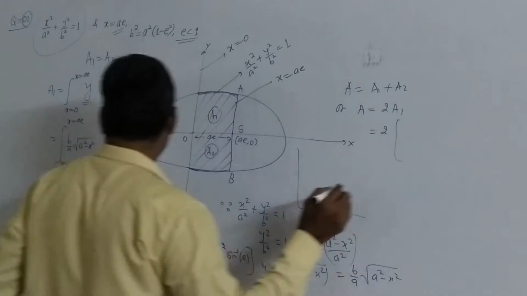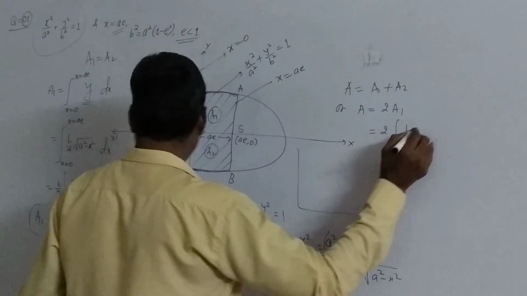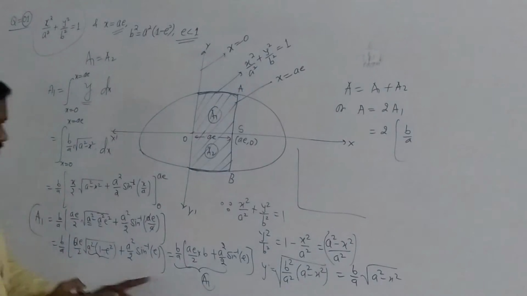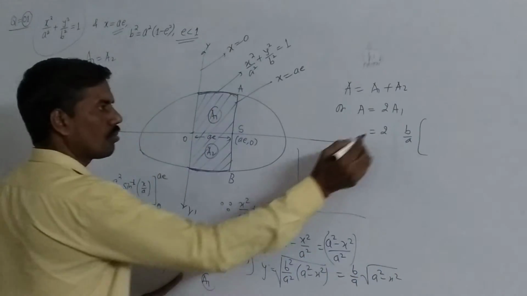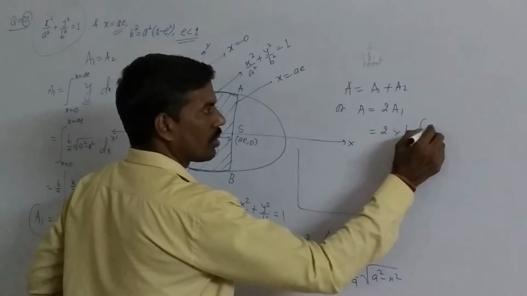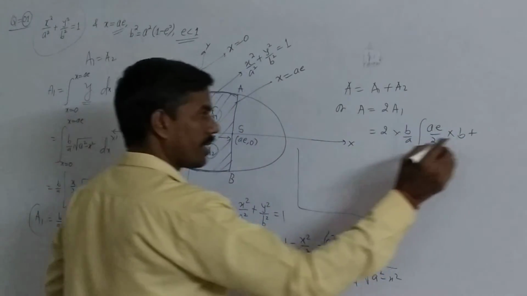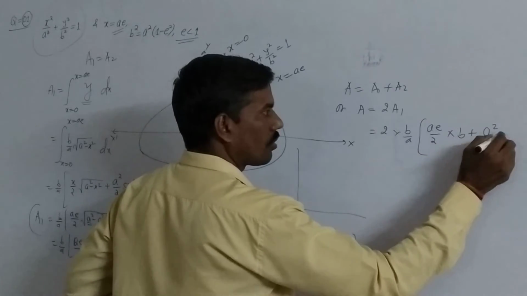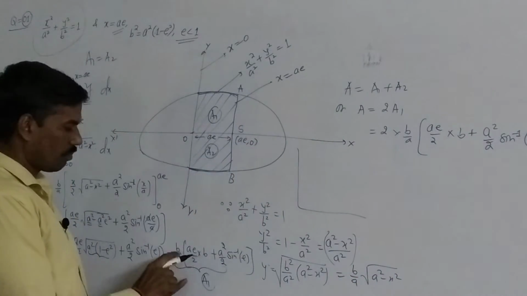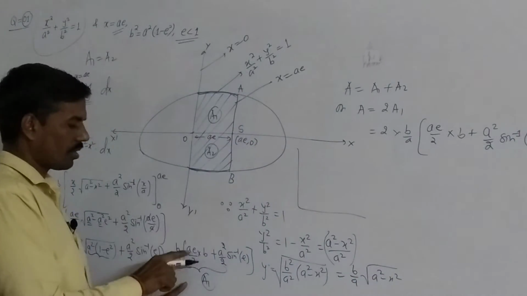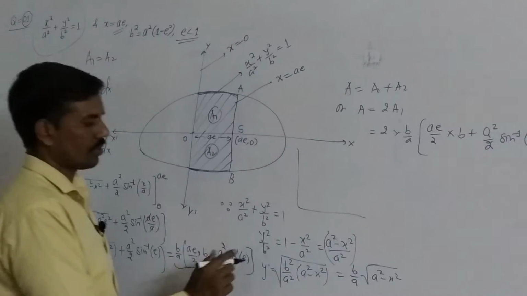So twice A1 is b upon a into b upon a, twice of b upon a into ae by 2 into b plus a square by 2 into sin inverse of e. That is A1: b upon a, twice of A1, ae by 2 into b plus a square by 2 into sin inverse of e.